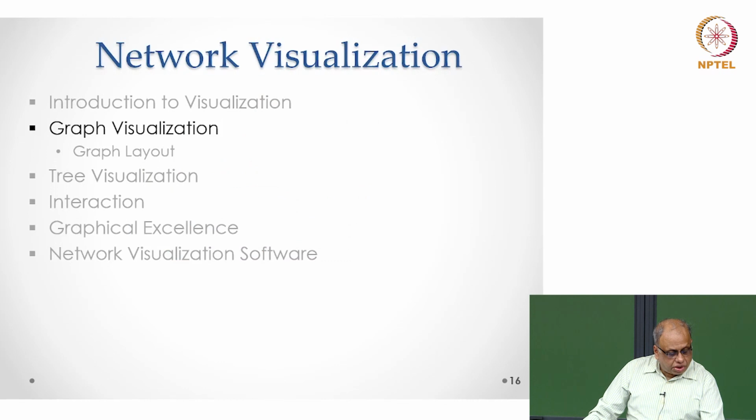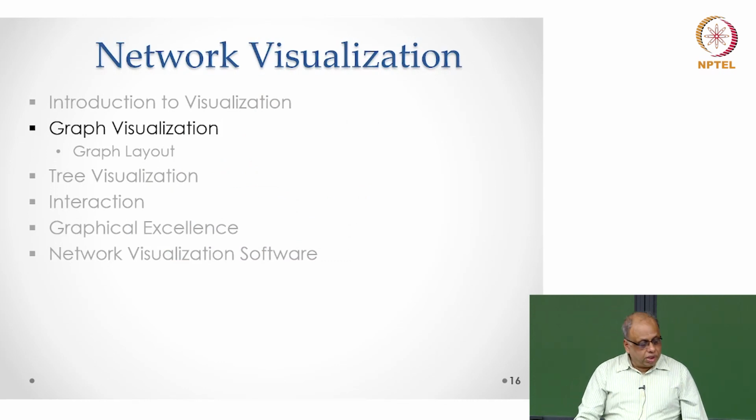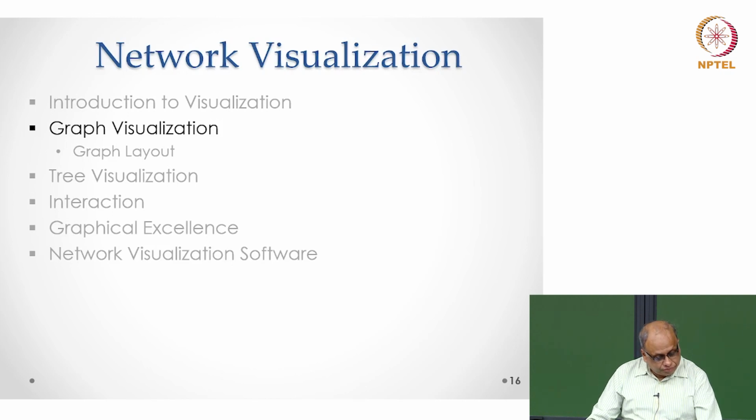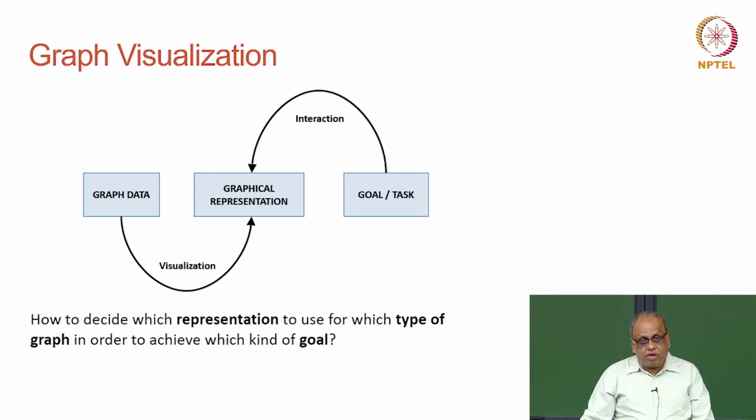So this gives a short introduction to visualization. So now we will focus on graph visualization. Graph visualization is a similar thing. You have some graph data. You create some graphical representation of the data using visualization techniques, and you show the visualization to the user.